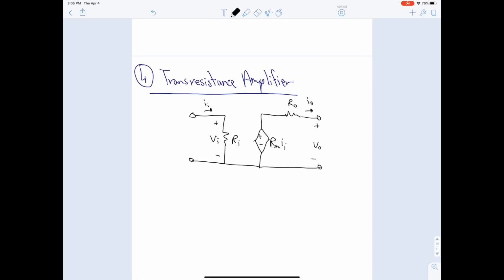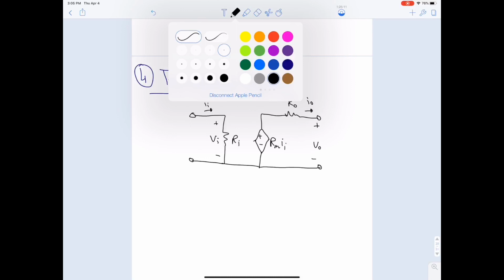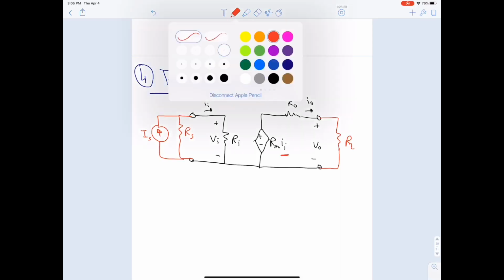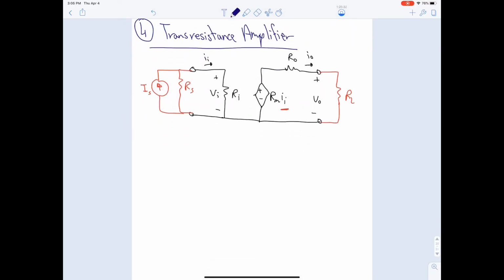Transresistance. Okay, so before we start attempting this question, we need to connect two things, right? The output load resistance, and the input. This is current, so we need to put the Norton form, Rs with an Is current source. So the question says, find the transresistance gain.